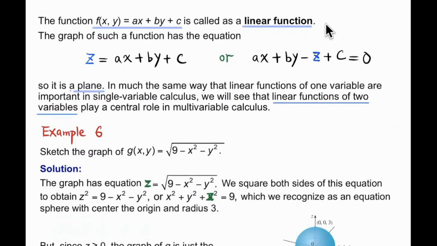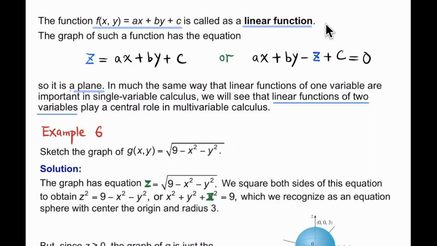Now, if the function f of x comma y equal to ax plus by plus c, if the function is given in this form, this is called a linear function. Notice that the exponent on x and y here are both 1. And that's called a linear function.